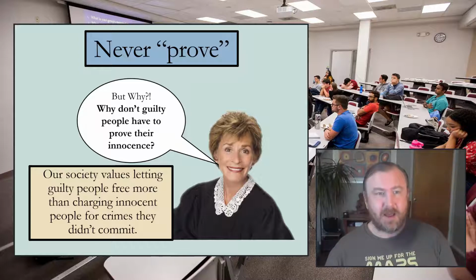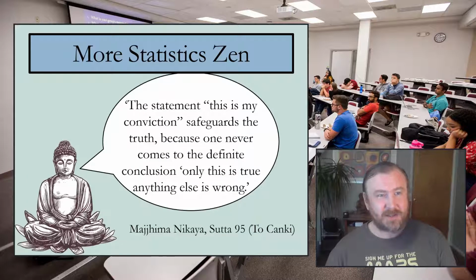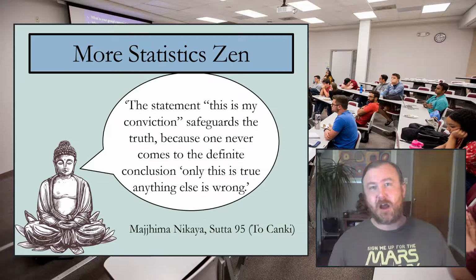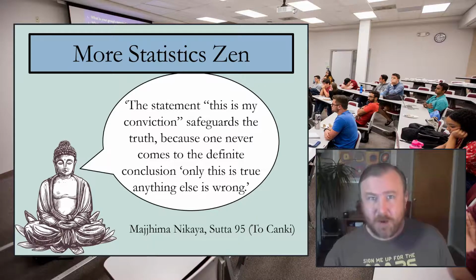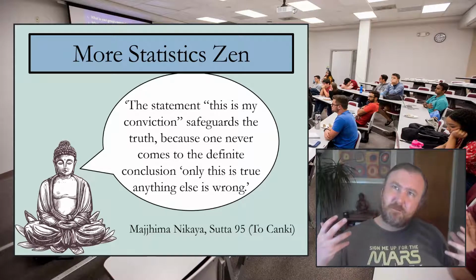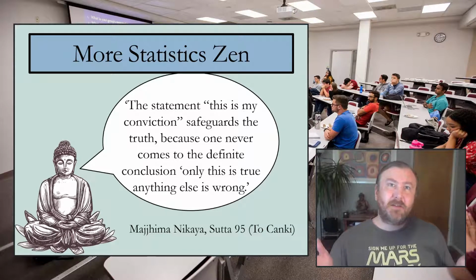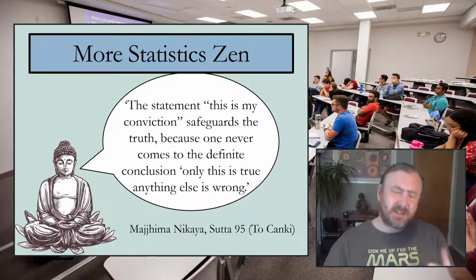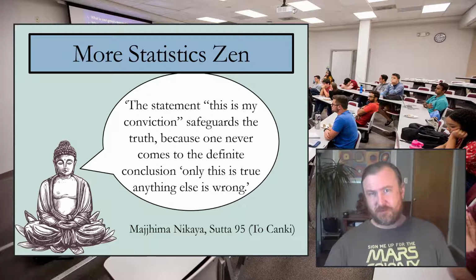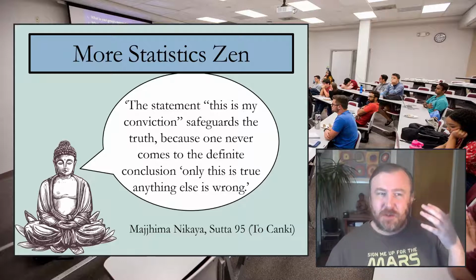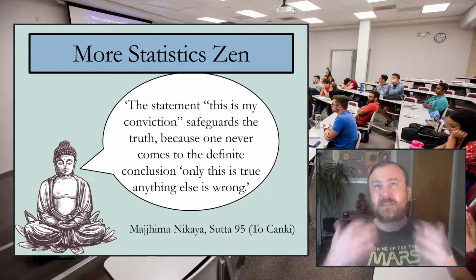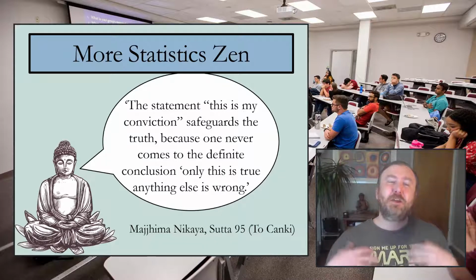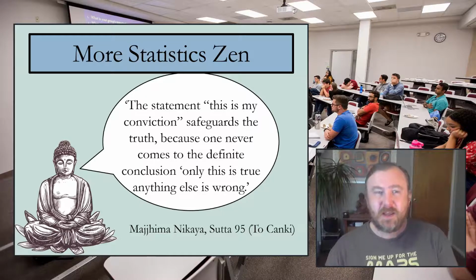And one interesting, another piece of statistic Zen, right, is that 2,500 years ago, the historical figure of the Buddha kind of concisely stated the centerpiece of null hypothesis significance testing, in that he was asked, how do people safeguard the truth? And he says, well, you make the statement that this is my conviction, but you never come to the definite conclusion that only this is true and anything else is wrong, right?